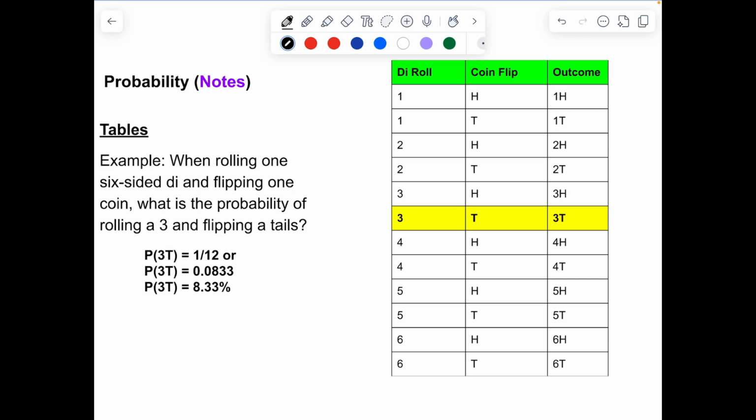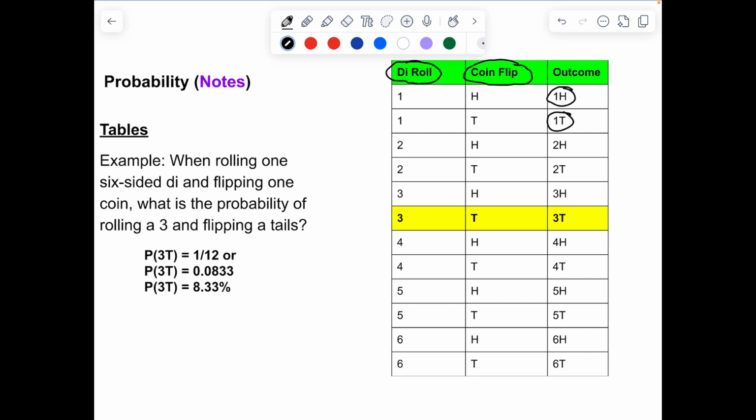So if I made a table to figure this out, I have one column based on what I'm rolling on my die, and then I have another column based on what I am flipping on my coin. Okay, so I could roll a 1 and flip a heads, roll a 1 and flip a tails. Okay, so then I would get an outcome of 1 and heads, 1 and tails, and so on.